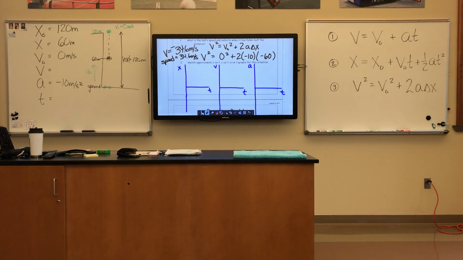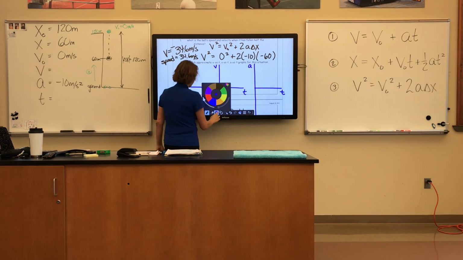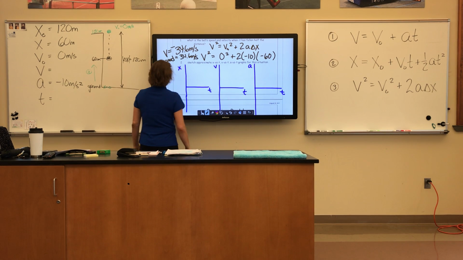Values were negative, so I want to make sure I have space in both the positive and negative region, but not all of the graphs require both the positive and negative region.